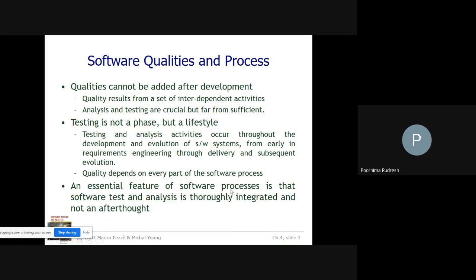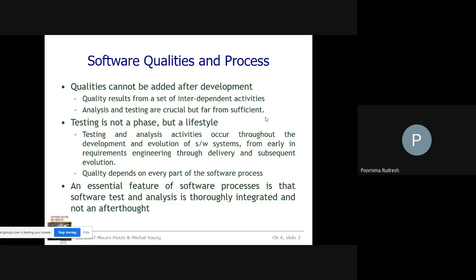As I said, the quality results from a set of interdependent activities. Means we need to ensure the adequate dependability of the software product. So to do that, we have to identify the particular activities and the responsibilities. Understood? In order to achieve the dependability, or the interdependence between the different modules, we have to identify a set of particular activities and responsibilities.